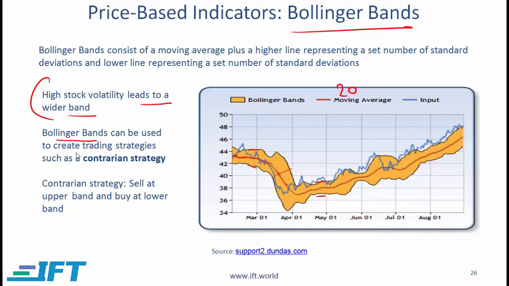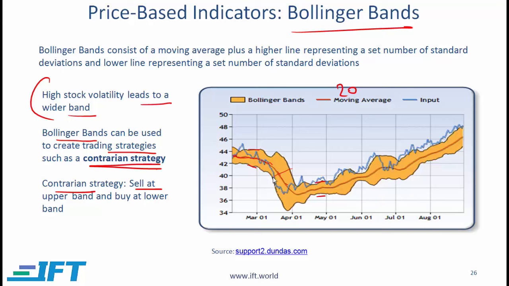Bollinger Bands can be used to create trading strategies such as a contrarian strategy. A contrarian strategy is where you go counter to the market. Now let us understand what our move will be. With a contrarian strategy, we sell at the upper band and buy at the lower band.